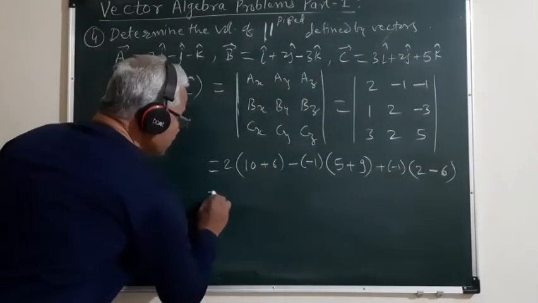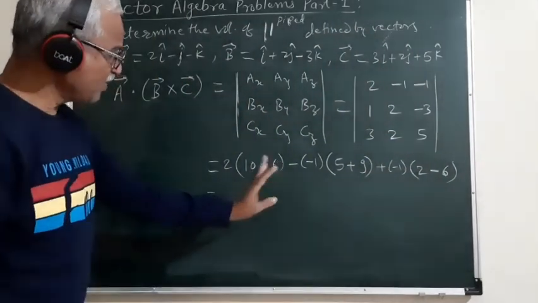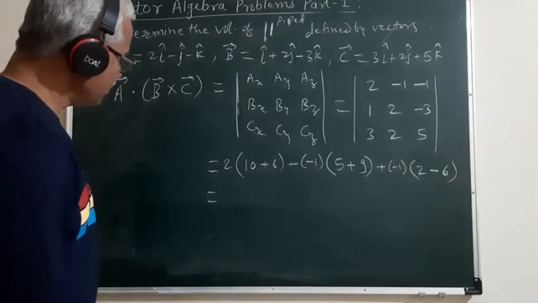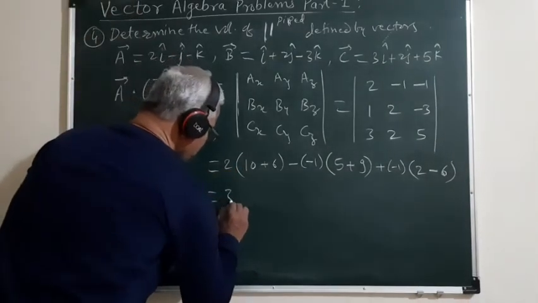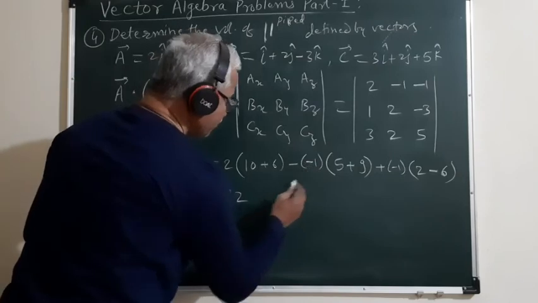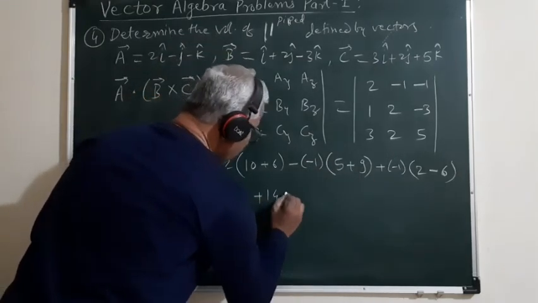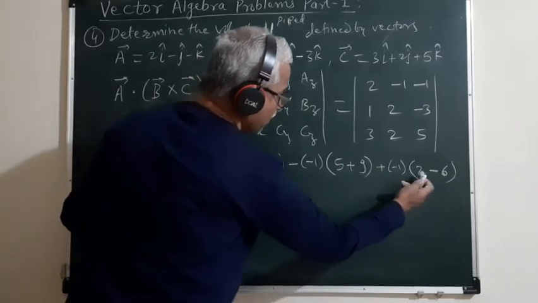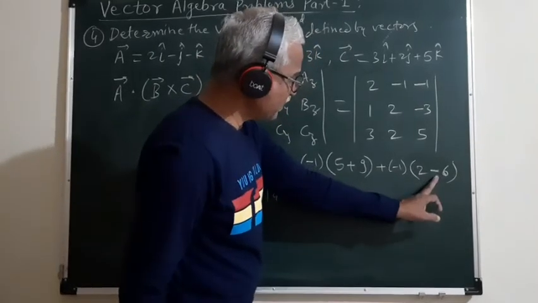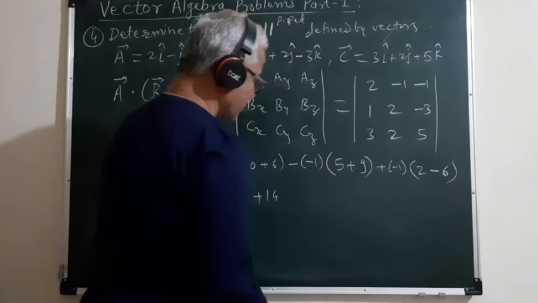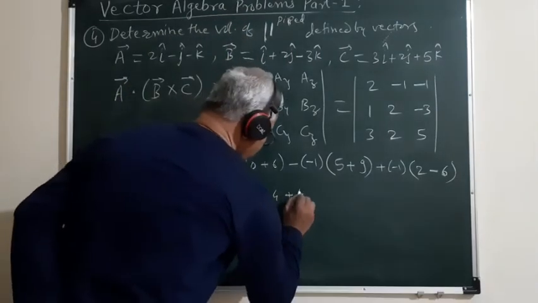So this is equal to 10 plus 6 is 16. 16 into 2 is 32. Minus minus will become plus. 5 plus 9 is 14. 2 minus 6 is minus 4. Minus 4 into minus 1 is plus 4.